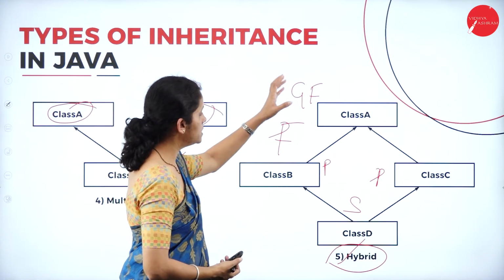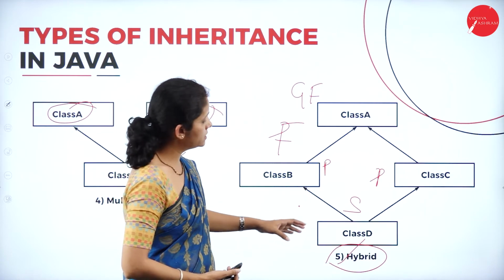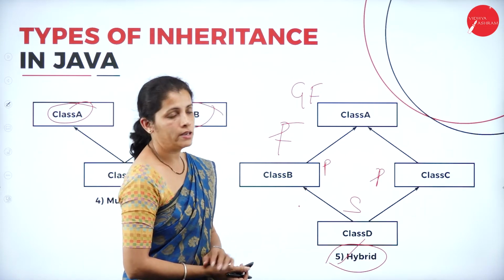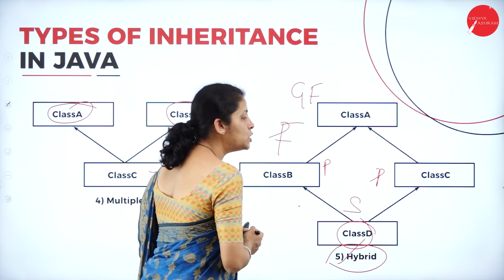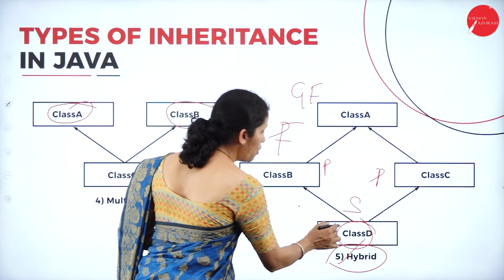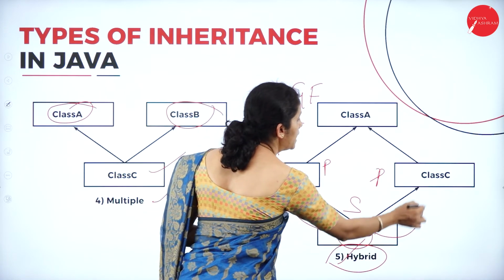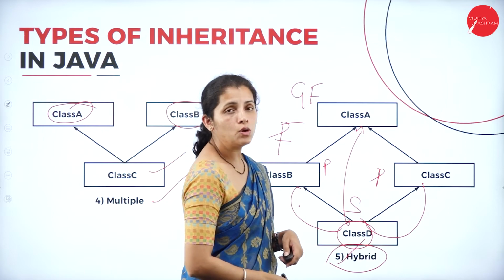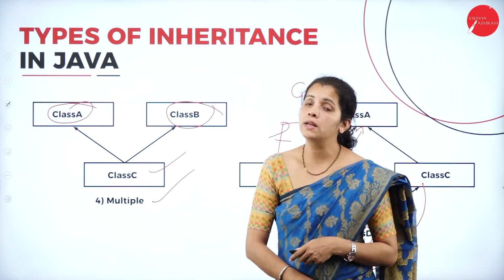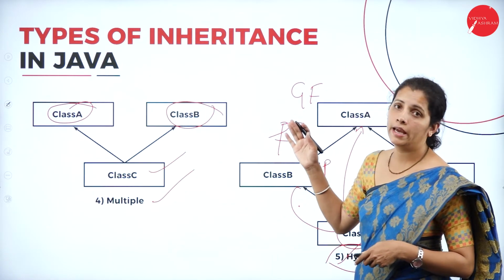This kind of inheritance is called hybrid. That means this class D is able to acquire the properties of class B as well as class C as well as class A. So this is the advantage as well as the types of inheritance.